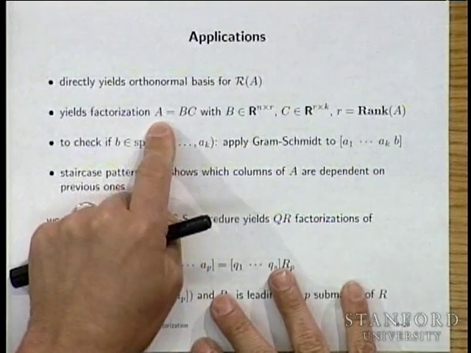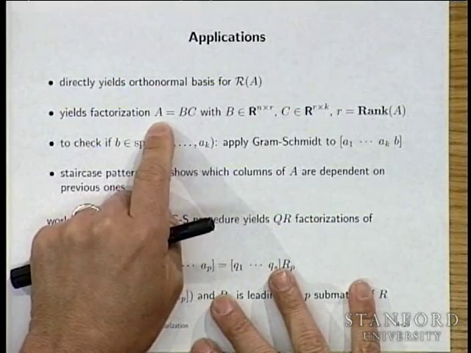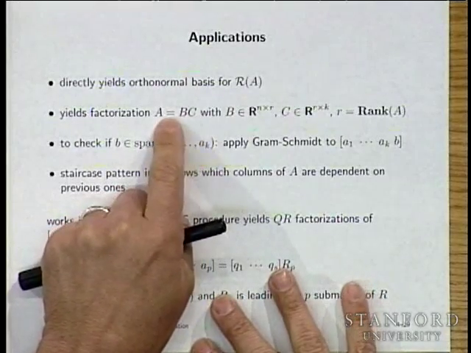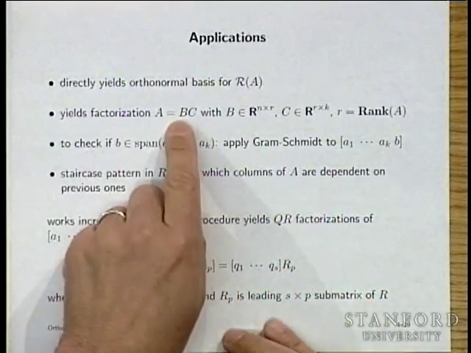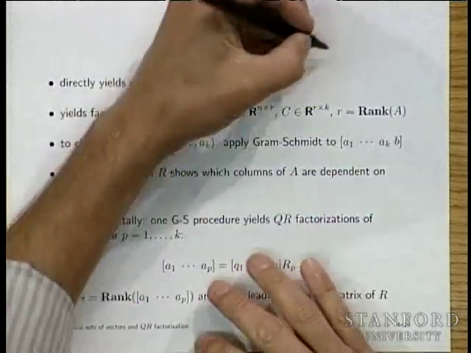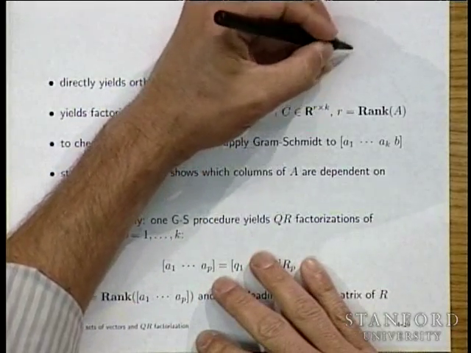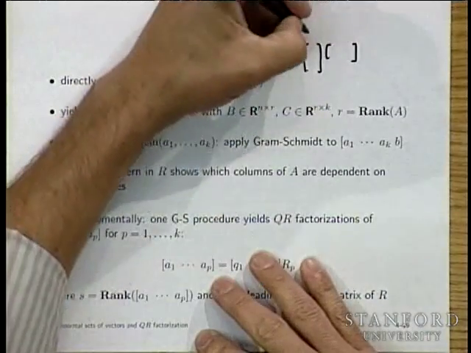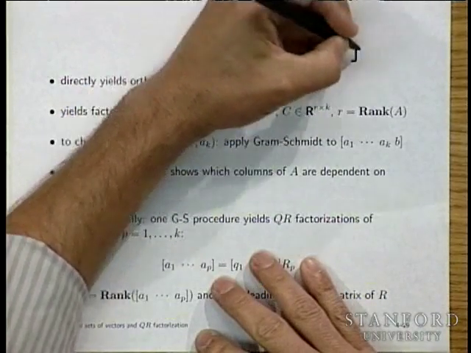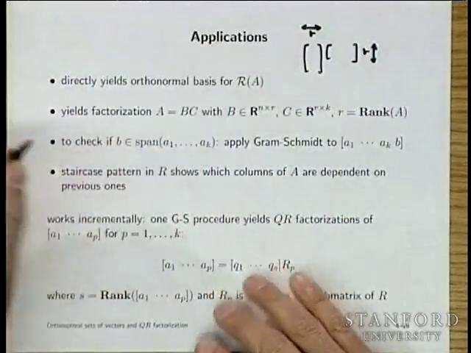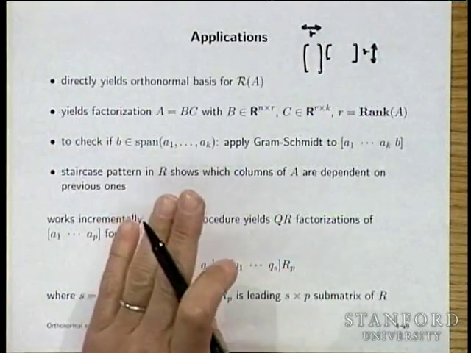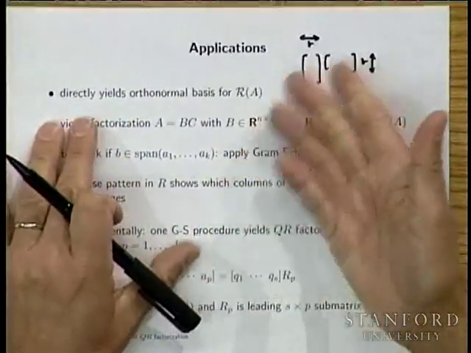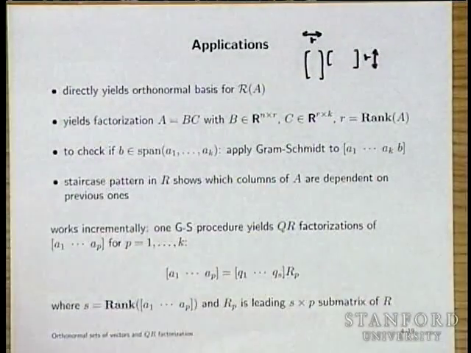It says that if a matrix A has rank R, then you can factor it as a tall, skinny factorization where the intermediate dimension is the rank. I asserted that without proof, and we also had interpretations of this right then.